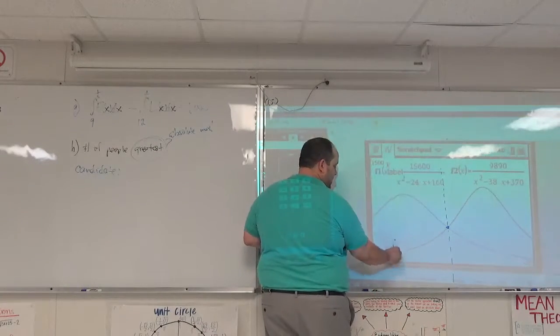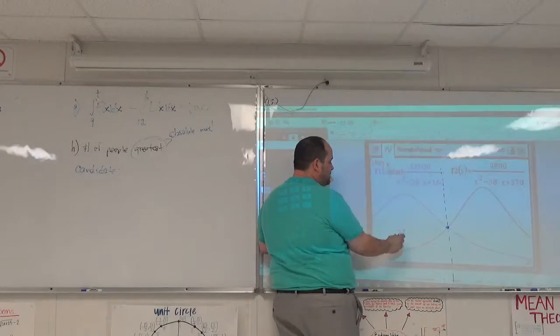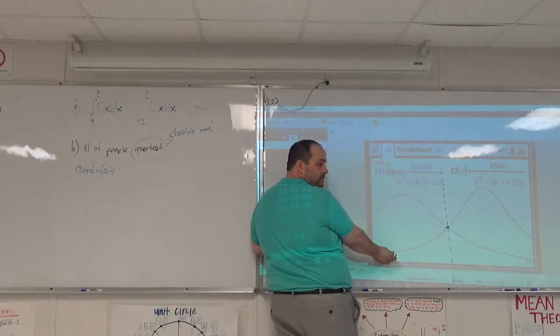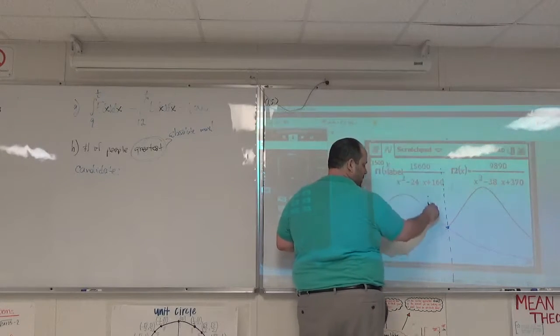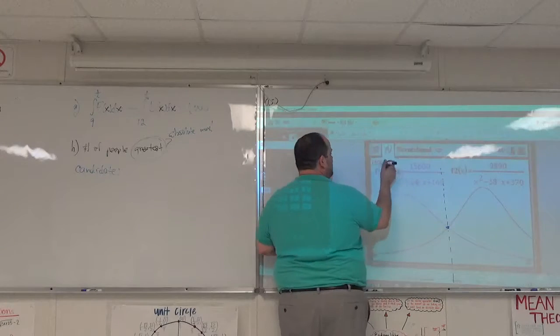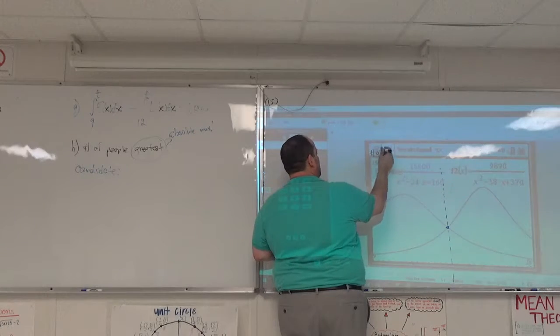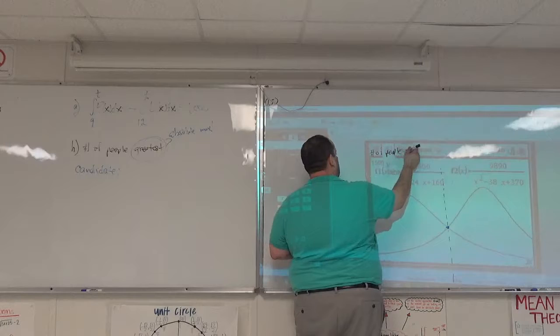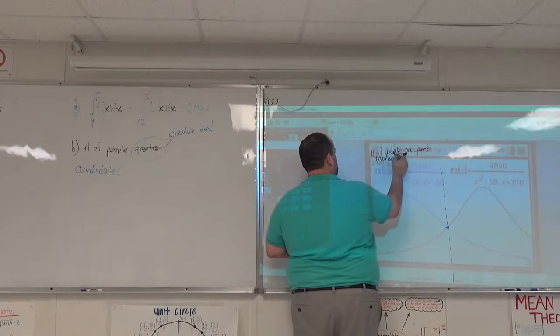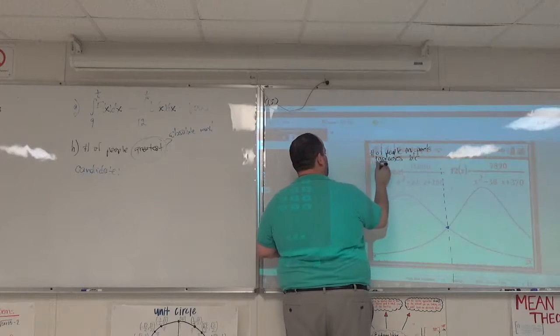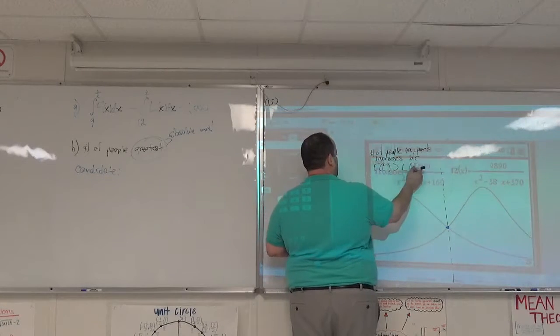At this time right over here, the number of people in the park increases because they come in faster than they leave. What about over here? Still increasing. Over here? Still increasing. So the number of people in the park increases, and that's because E of t is greater than L of t.